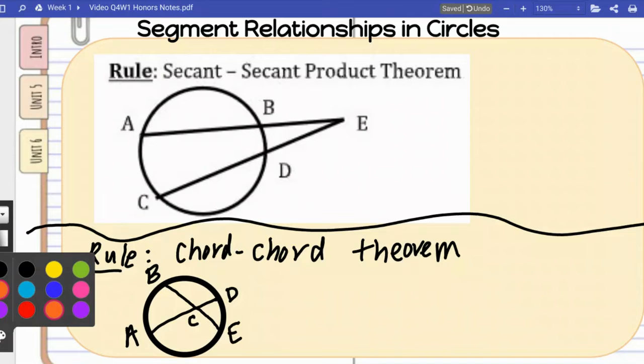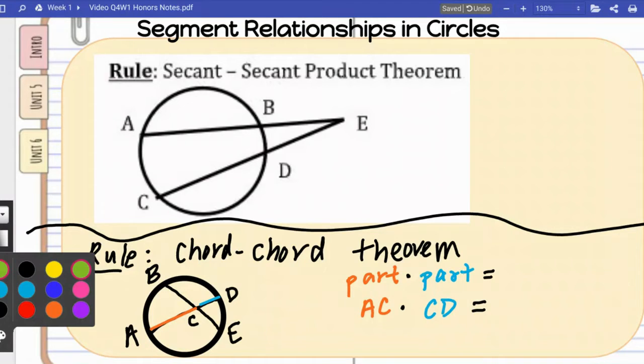If I take A to C, that part of chord AD, and I multiply that by the other part of the chord AD, so in this case, the other part is going to be CD, that will equal the other 2 parts of the second chord multiplied together.